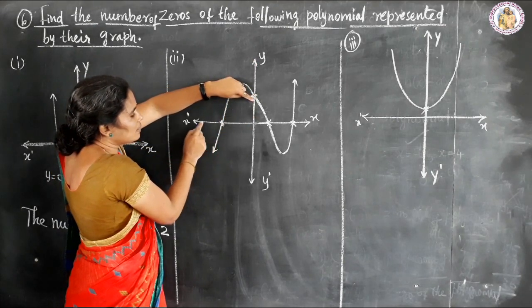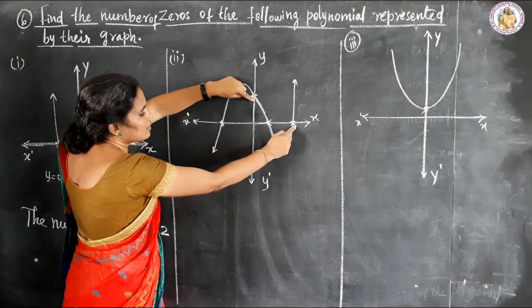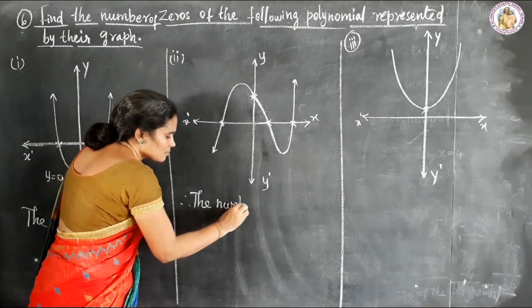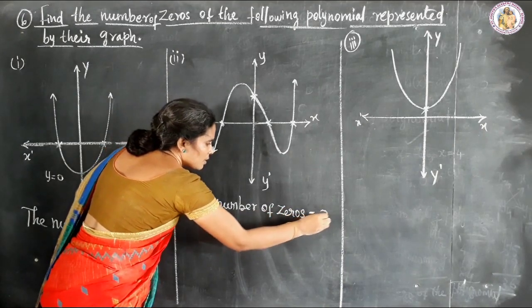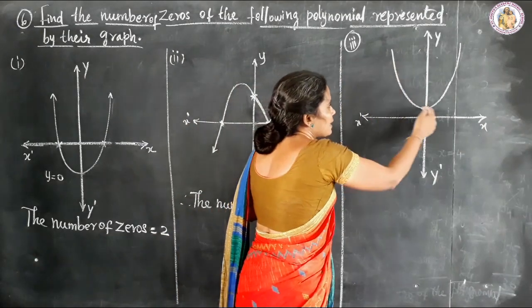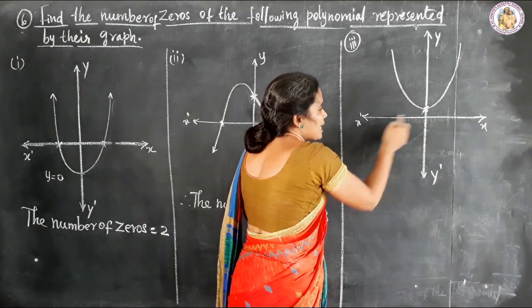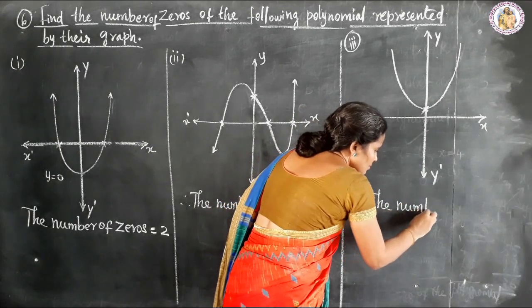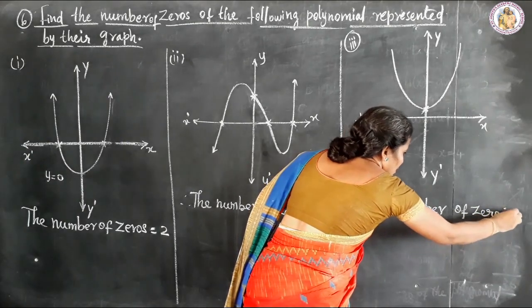So you must be careful, the curve must intersect only at the x-axis, at 1, 2 and 3. So the number of zeros is 3.